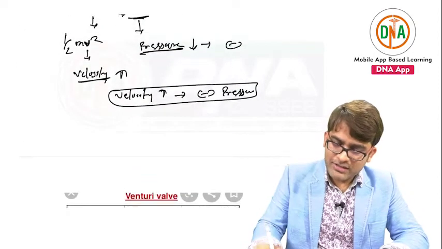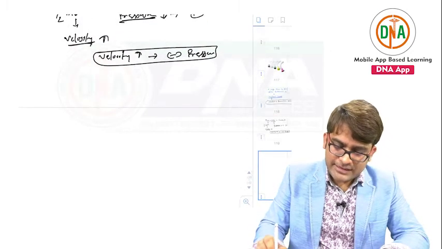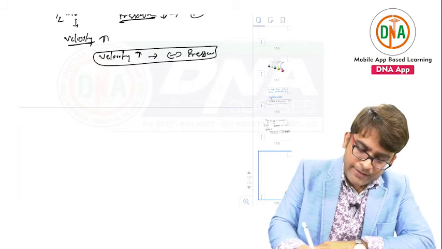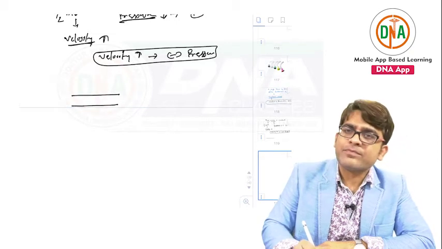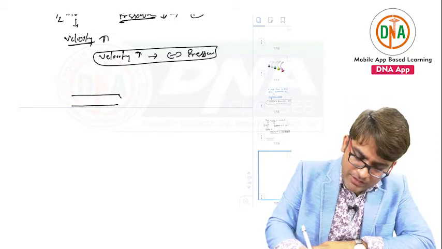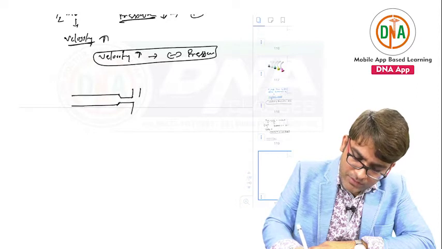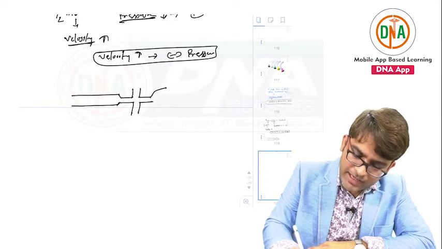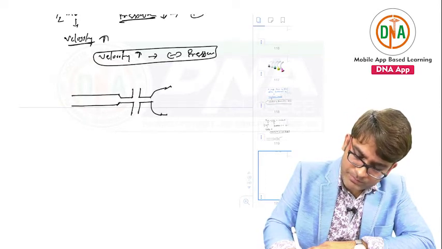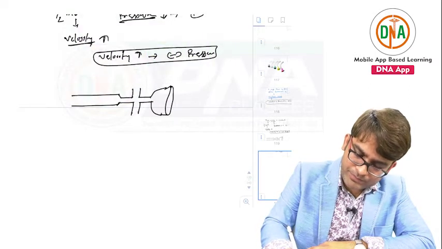Okay. So just see here. For example, it is a phase gas flow. You just create a constriction, and there is one free space, and now a mask is attached here. And this is your patient.